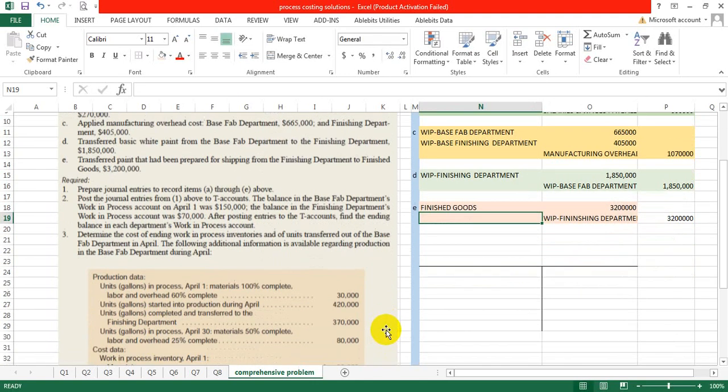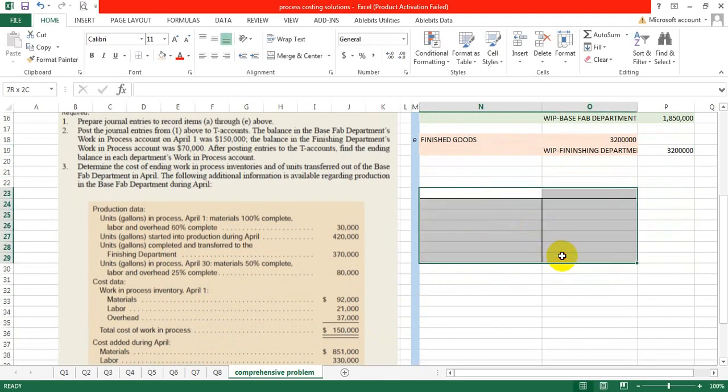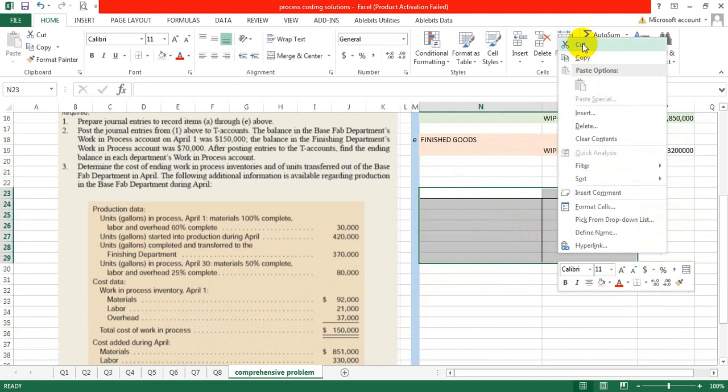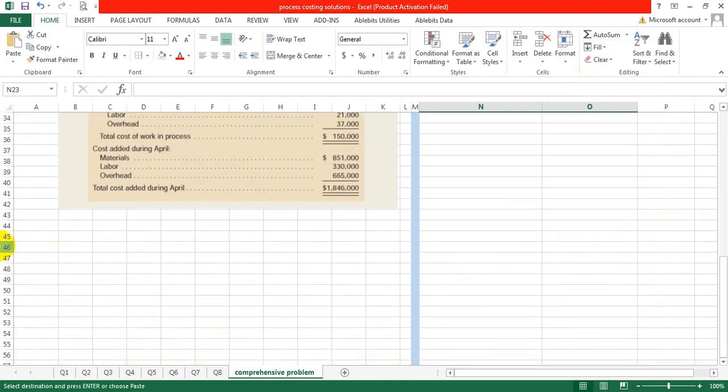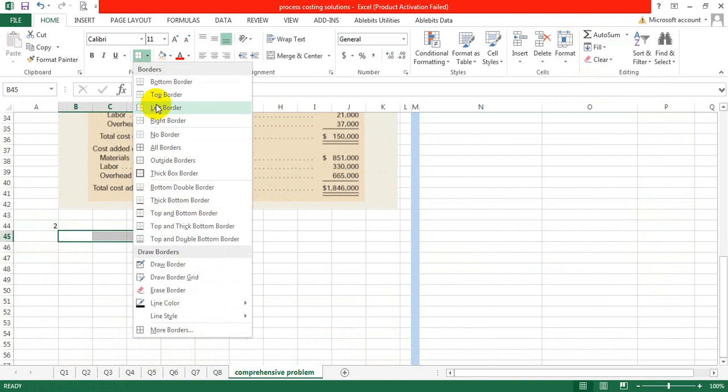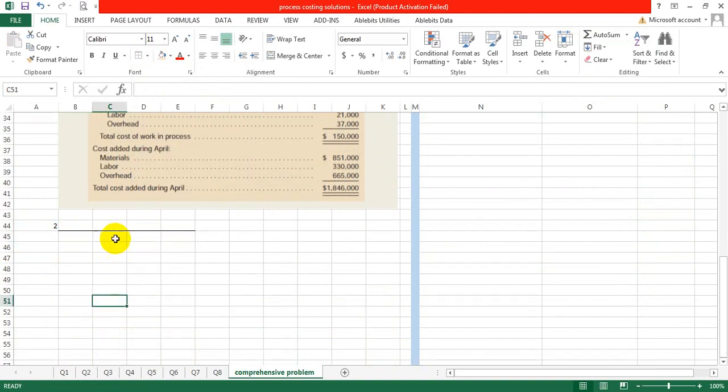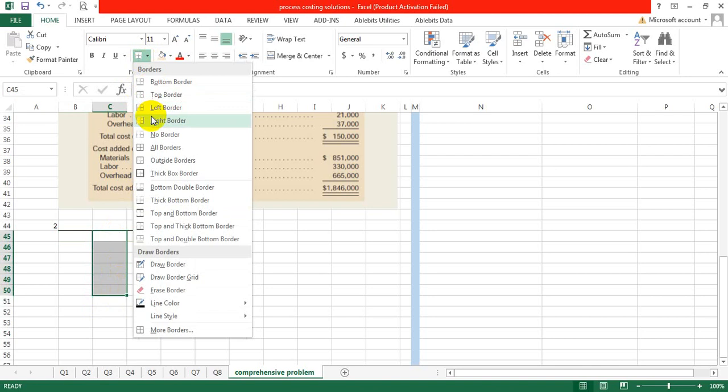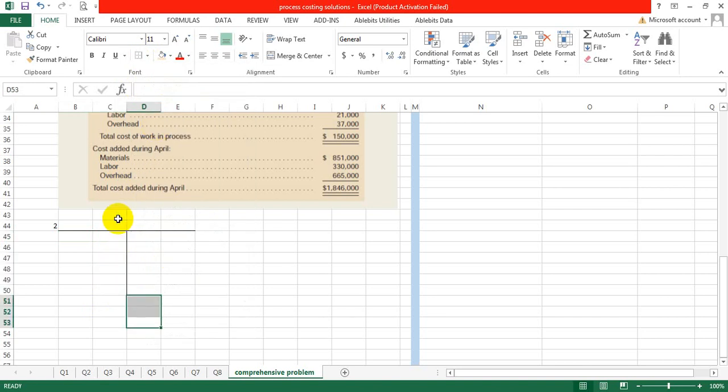Okay, now T account, prepare T account. छोटे छोटे हम यहाँ पे T account create करेंगे. First we will prepare the raw material T account.